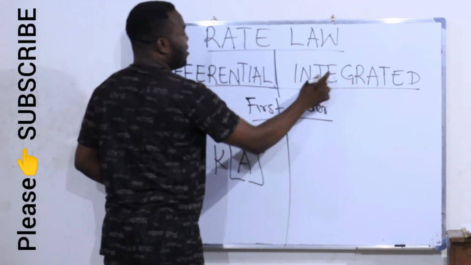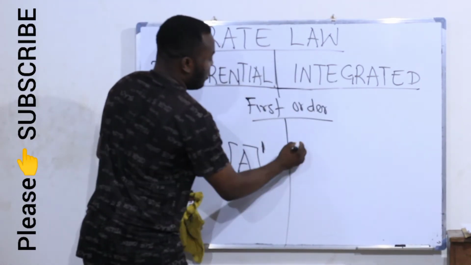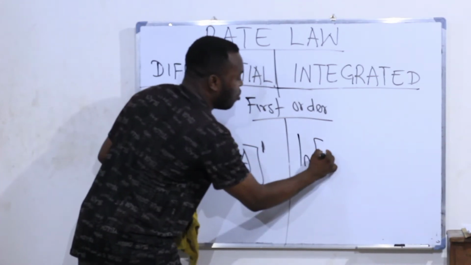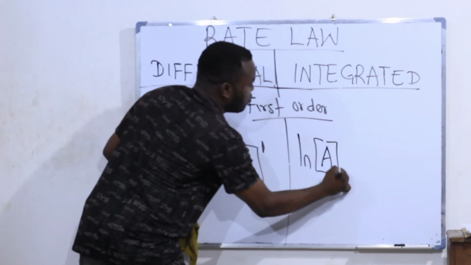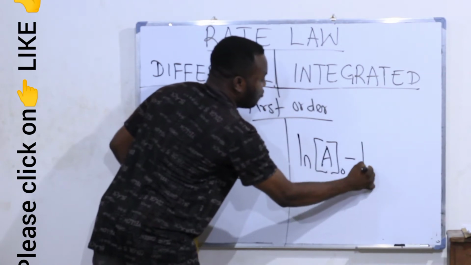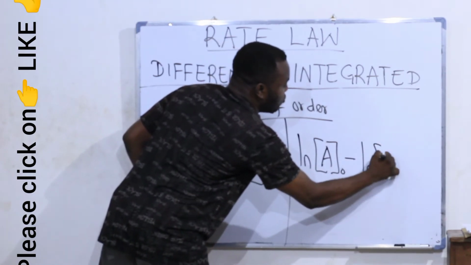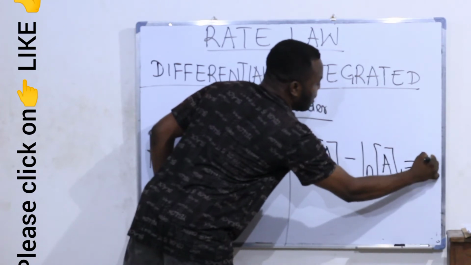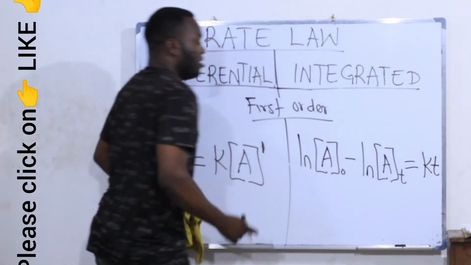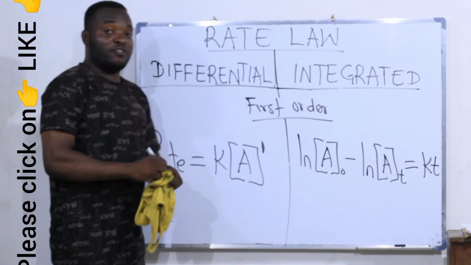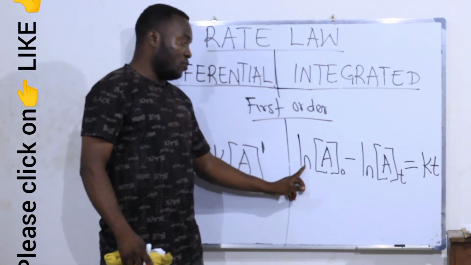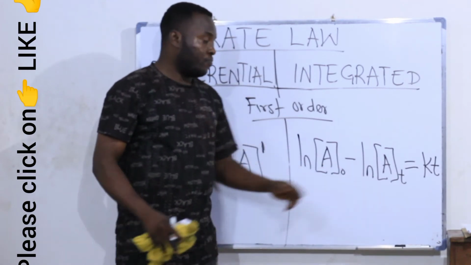While the integrated formula says that the natural log of initial concentration minus natural log of final concentration is equal to K times time. The difference between the integrated formula for zero order and first order is nothing else but the use of ln, the natural log.